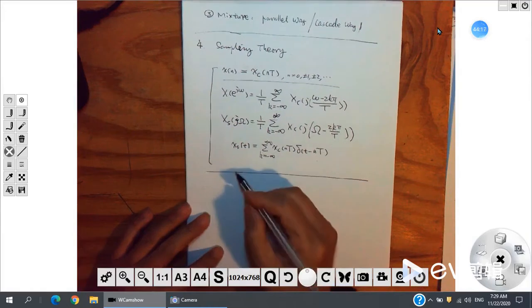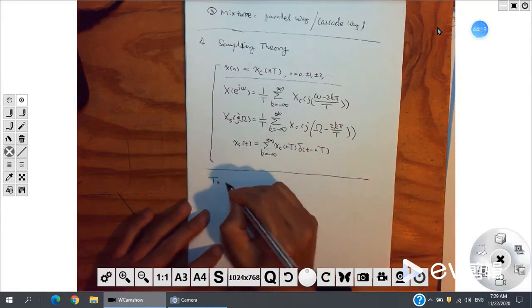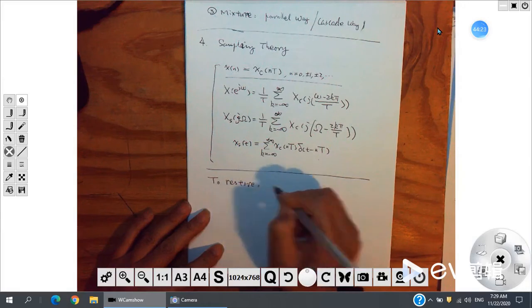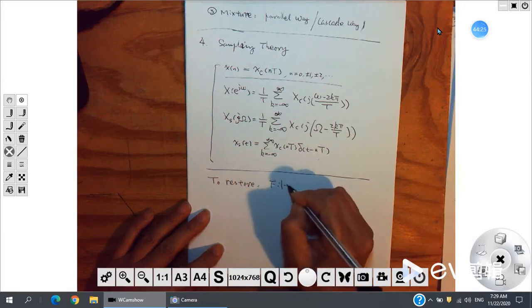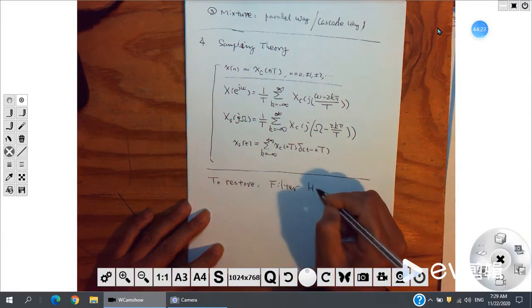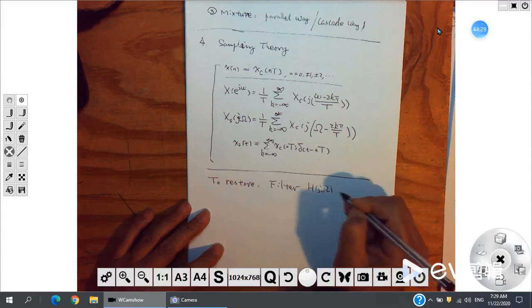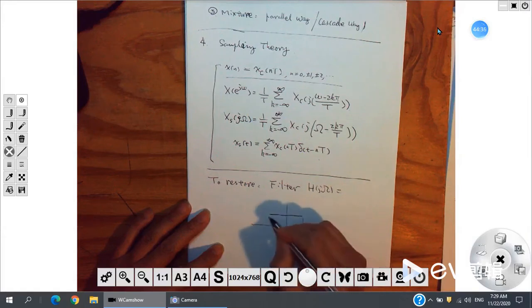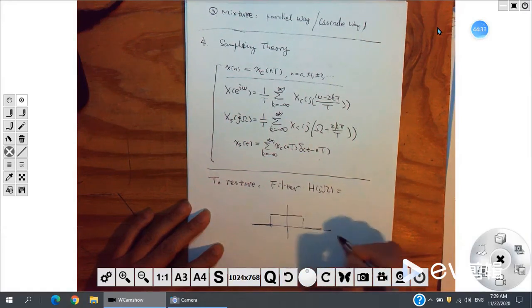And also to restore, we need a filter. We need a filter H of j omega equal to something that looks like this, and here's a T, and this value.